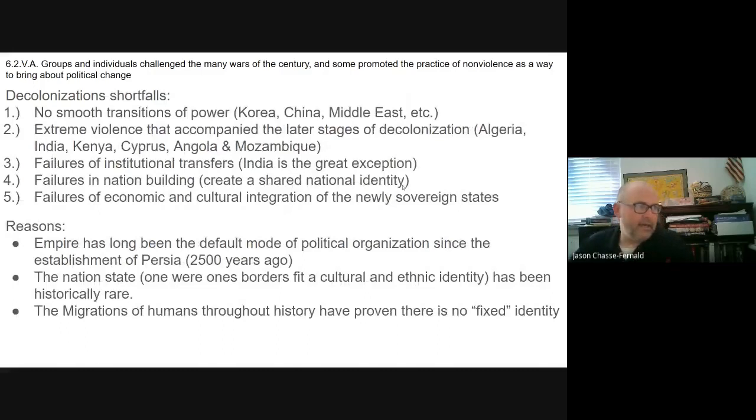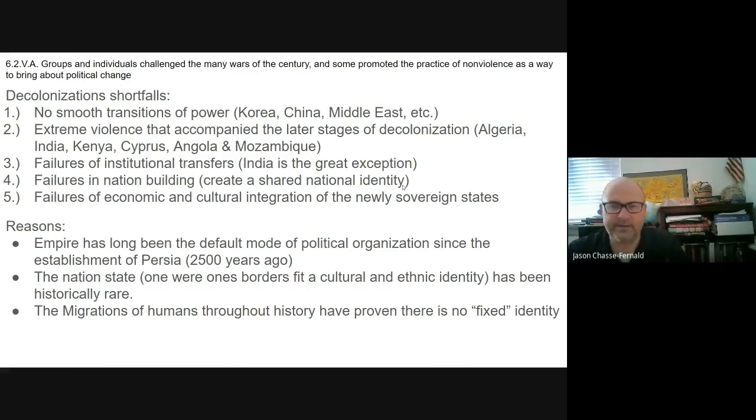All right. Decolonization shortfalls. What are some of the shortcomings or issues that arise? I did have a student ask, what does shortfall mean? For example, one of the shortfalls from the SAQs that I just returned is a lot of you identified specific pieces of evidence to answer the question, but you did not explain how that evidence supports or answers the question.